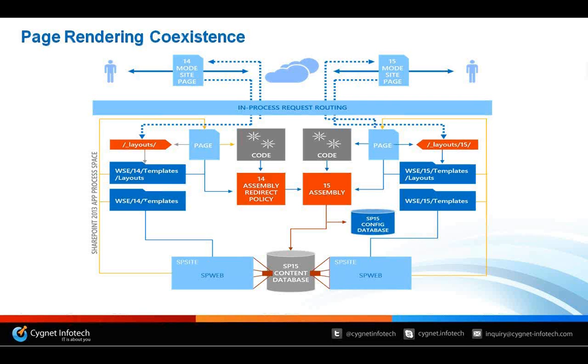The SharePoint 15 assembly will recognize that this has been redirected from 14 mode, so it will start executing the code and check that it is written for SharePoint 2010. The appropriate object model will be loaded into memory, it will process your page, and at the end your request will be served.